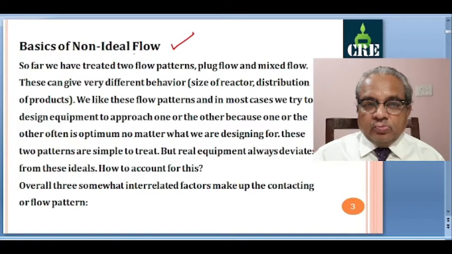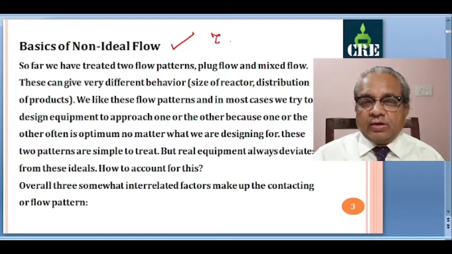Then in flow reactors, that is mixed flow reactor and plug flow reactor, we have assumed the concept of tau, which we have assumed to be constant at steady state. That means whatever is entering the reactor is leaving the reactor after spending exactly the amount of time tau, that is fixed by capital V by v, volume by volumetric flow rate.